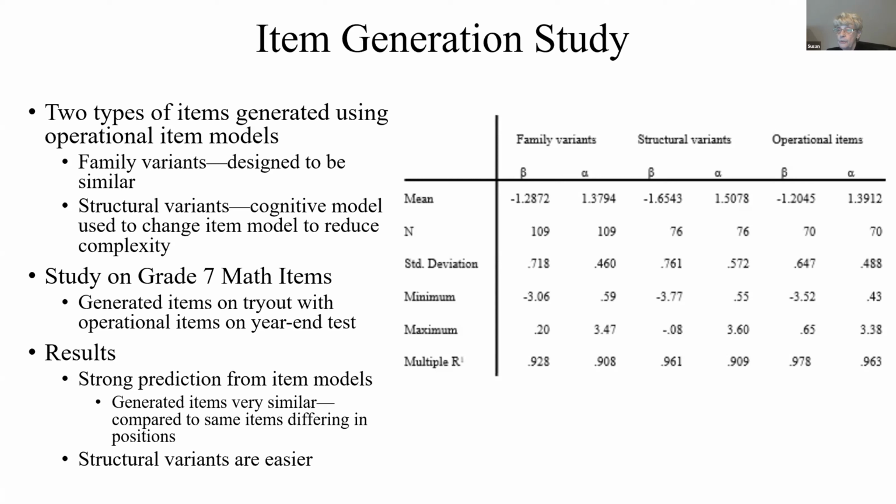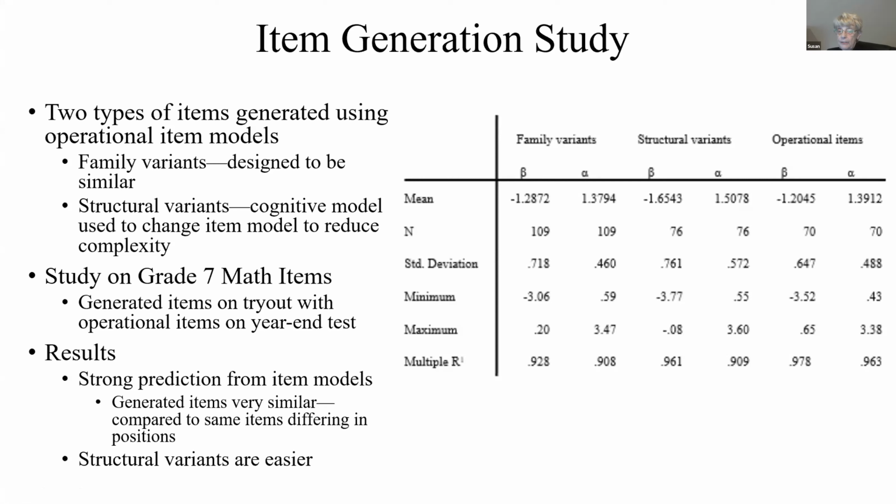So then I just use the item ID to do the prediction of item difficulty there. So it's predicting difficulty of 3 items. The family variants and the structural variants, these are generated items that were on tryout. And so if items were generated from the same item structure, we have that item structure as a predictor.